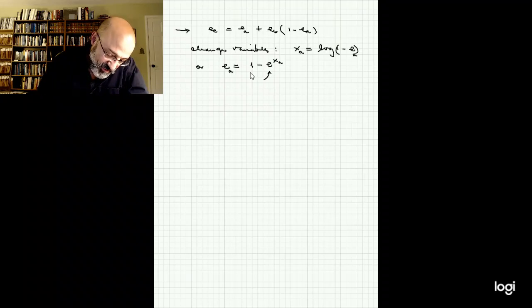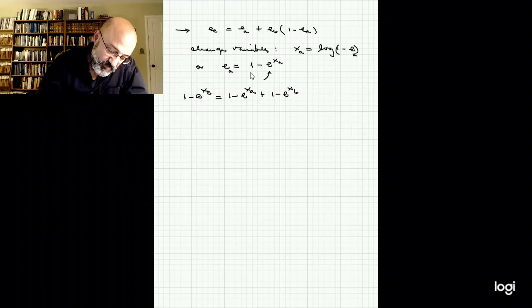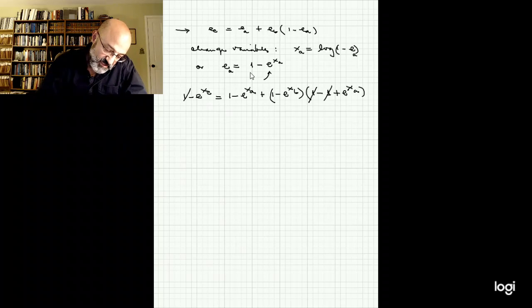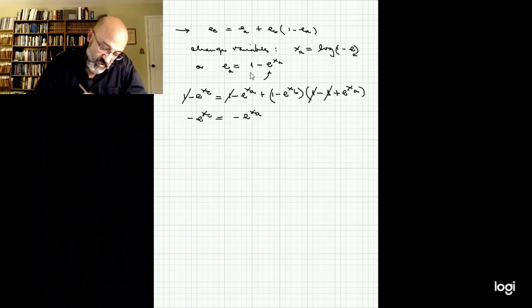And what we have on the left-hand side is 1 minus e^XC equals 1 minus e^XA plus 1 minus e^XB, minus 1 minus e^XA. So these guys cancel out, these guys cancel out, and what we have is e^XC with a minus sign, minus e^XA with a minus sign.